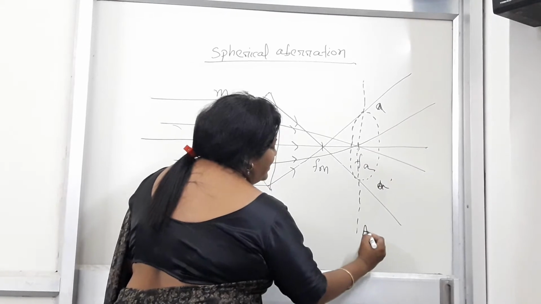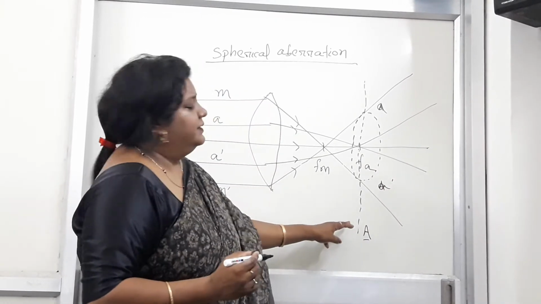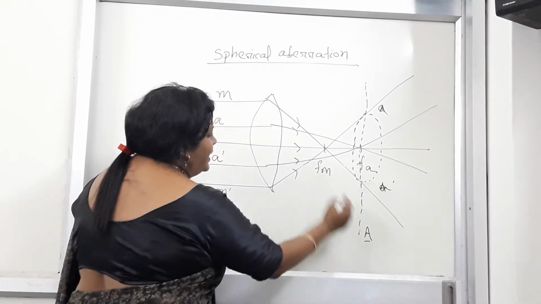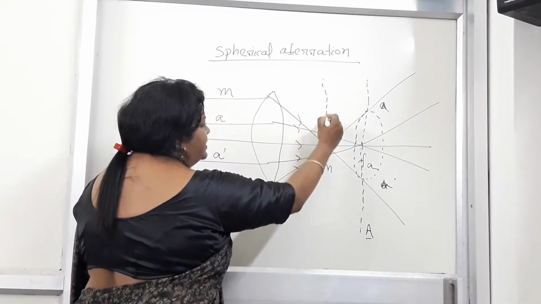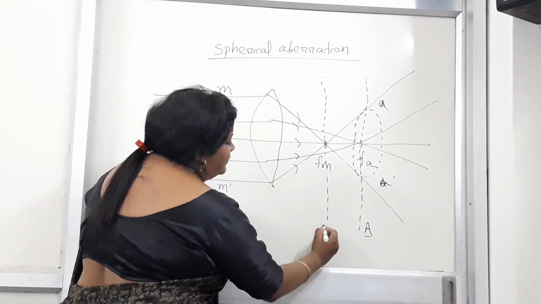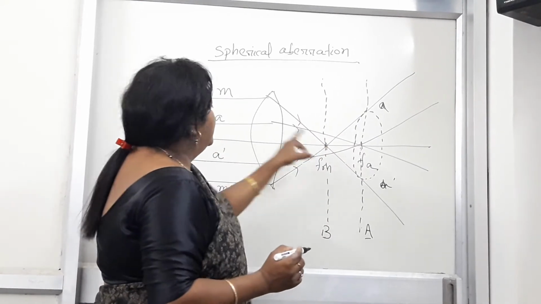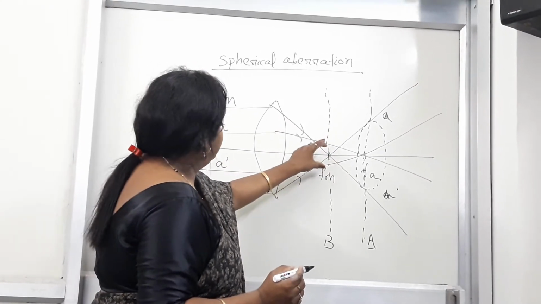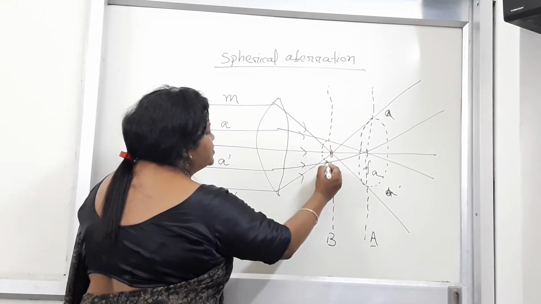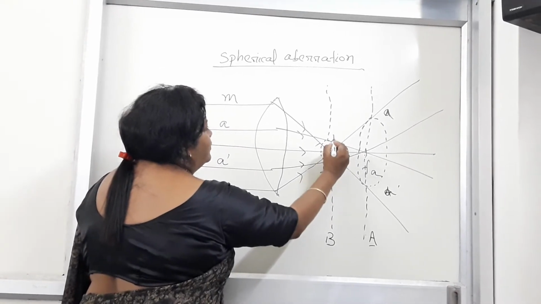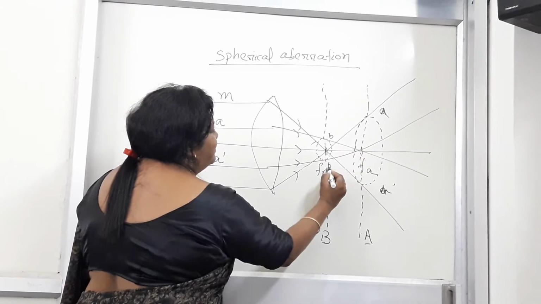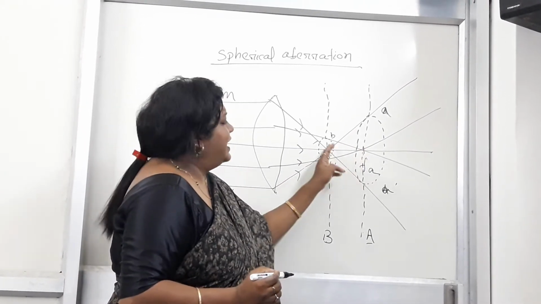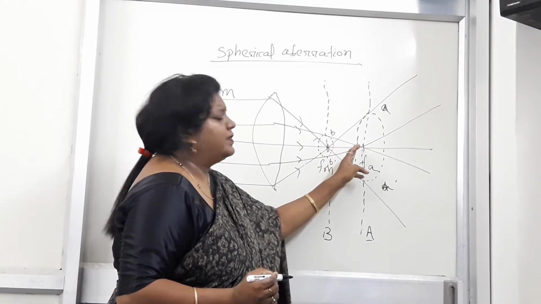My position, I am fixing it at A. And when we move this screen from A to my B position, we get a focusing point due to the marginal rays, Fm, but the axial rays give a patch or spherical-like image of diameter B dash. In between Fm and Fa, there is no such point found.